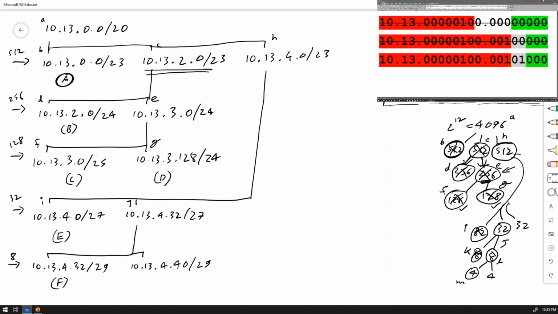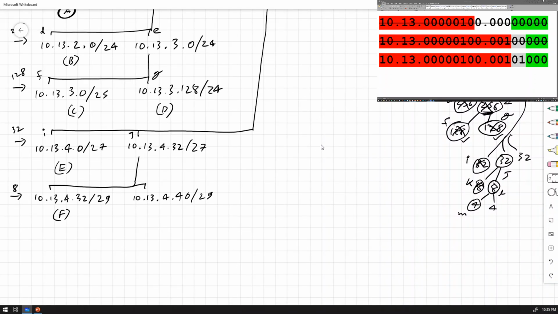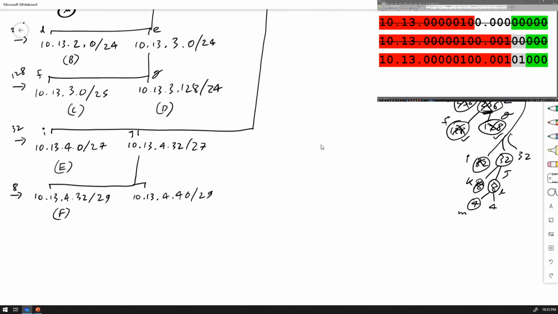Now let me just scroll up a bit. Yeah, so let's see. I need a size of 4 here, so I'll just take it out and do that here again. So 10.13 dot, let's see what our combinations say.